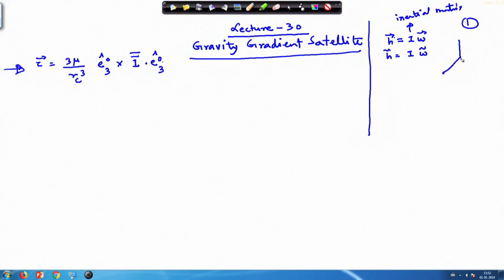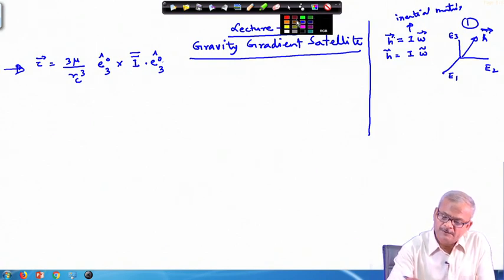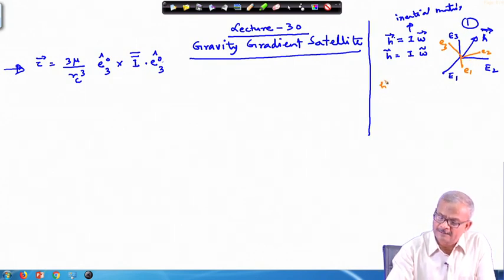Now, assume that first we have expressed this in one frame, which is E1, E2 and E3, and in this frame, this is my H vector. Now if I take another frame, say small e1, e2, e3, this vector is not changing, but its components will be different in this frame shown in the orange color.